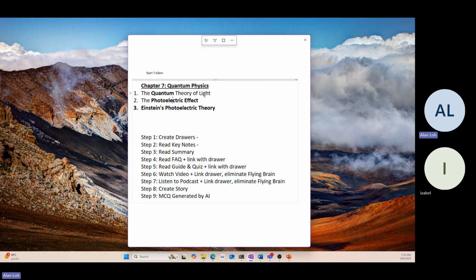The third drawer, Einstein photoelectric theory. Right. For Einstein, picture a man with messy hair and a big nose. At least that is what I can remember. Who is Einstein? Albert Einstein himself. Stick this sticker face on the third drawer. Can you do that now?